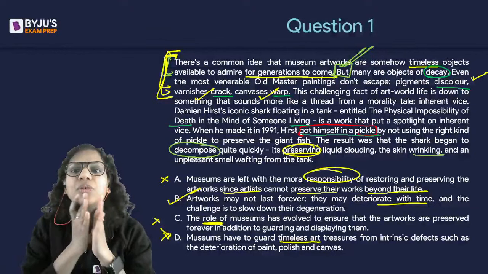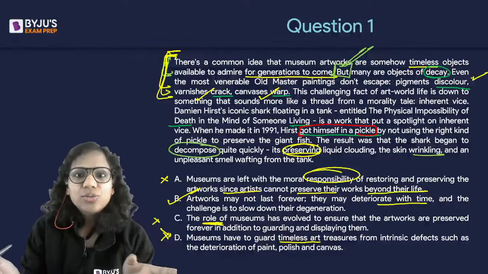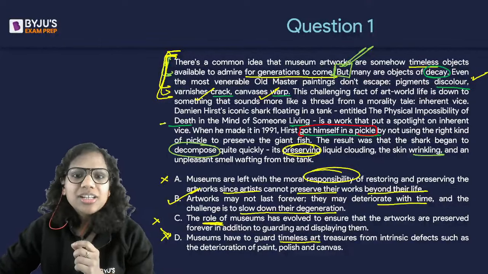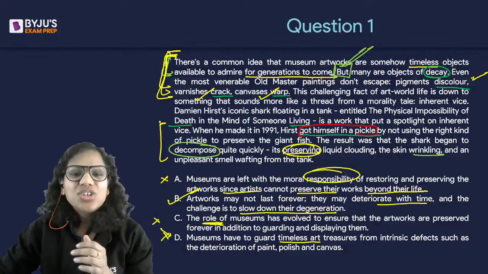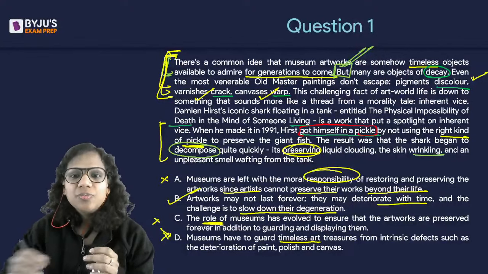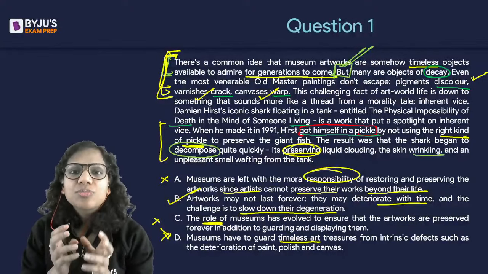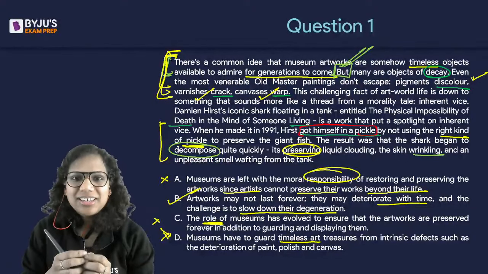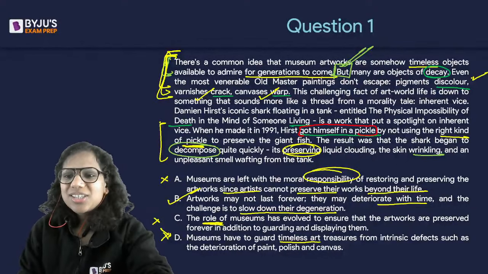That you prevent something from decaying as long as you can. So the challenge is to slow down their degeneration. This artist tried this by using a pickle, but he did not use the right kind of pickle. So it's a challenge to preserve them, to slow down their degeneration. So the answer was B.